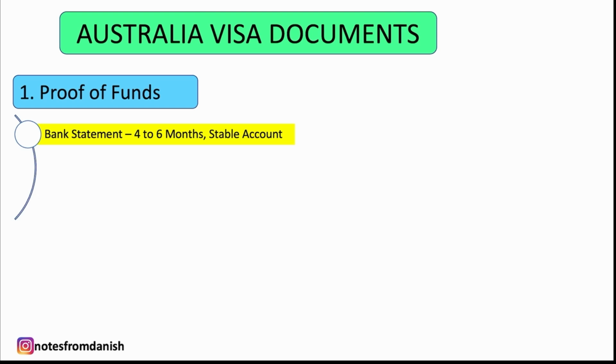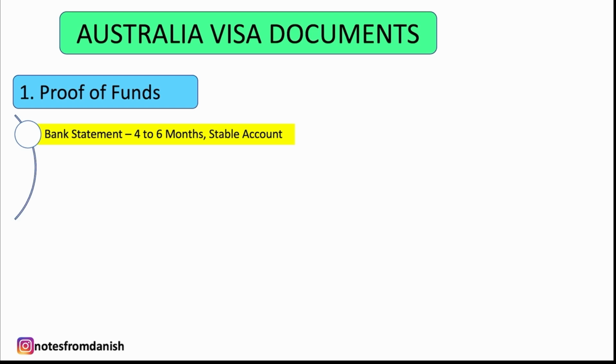This may raise some suspicion and this could be the reason for visa refusal. The immigration team could think that you arranged this money from somewhere, for example, friends or family. You do not necessarily have sufficient funds, because your account was inactive for 6 months and all of a sudden, in one day, you deposited a bulk amount of $10,000.